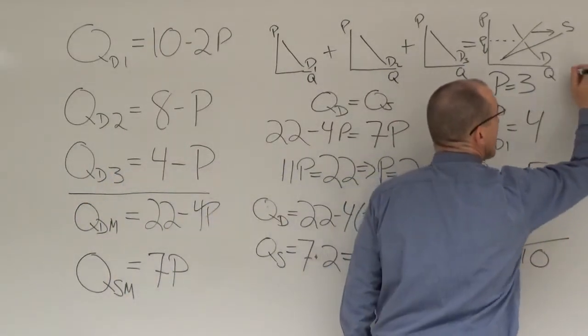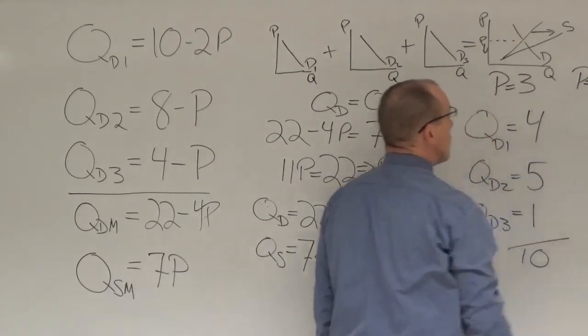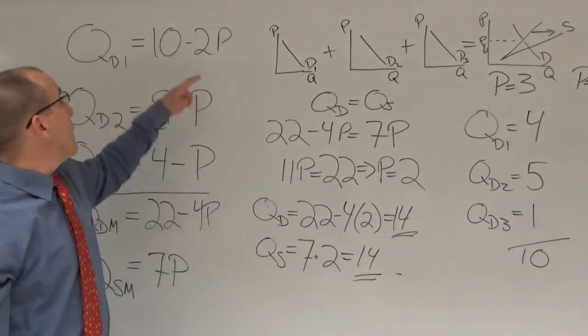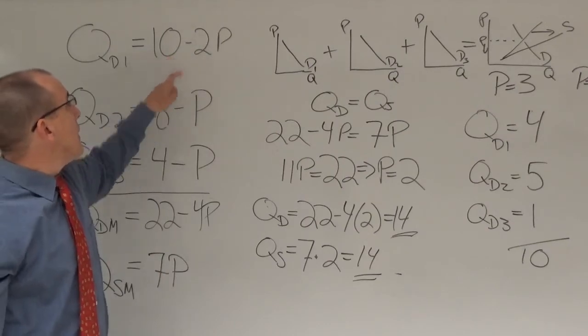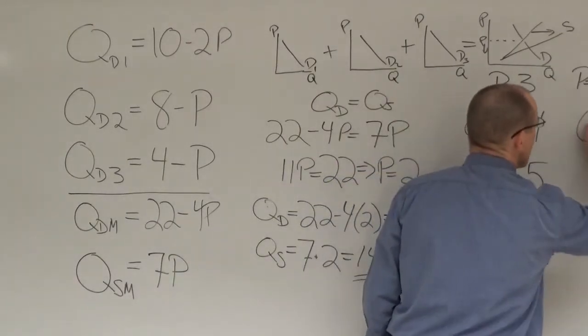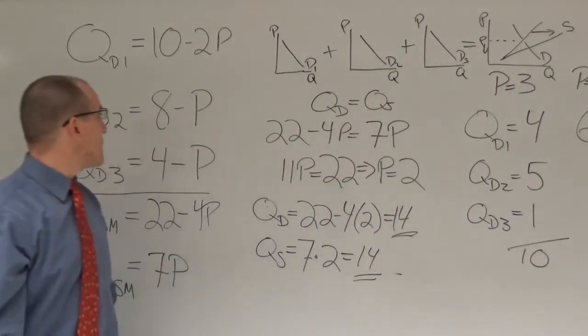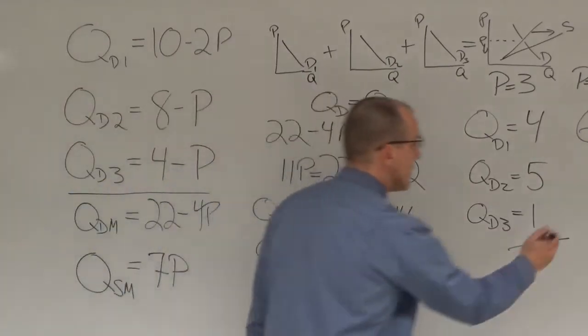Well, price equals 2. Quantity for person number 1: 2 times 2 is 4, 10 minus 4 is 6. For the second person, 8 minus 2 is also 6.